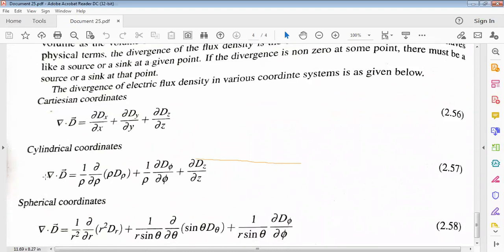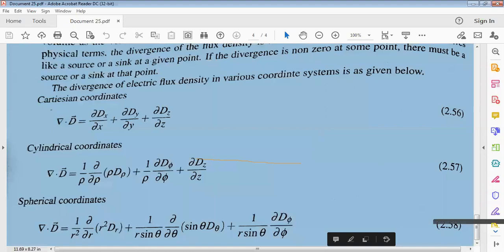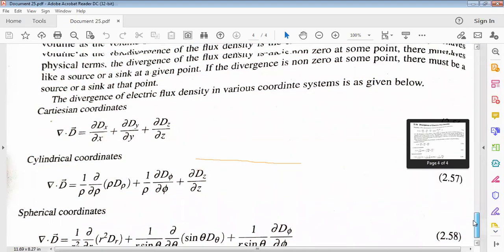For cylindrical, 1 by rho into dou by dou rho of rho D rho, plus 1 by rho into dou D phi by dou phi, plus dou Dz by dou z. Spherical is similar. No need to remember all these; in matrix form we can convert directly.